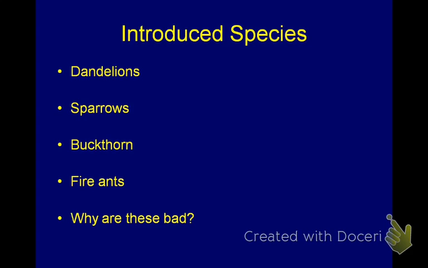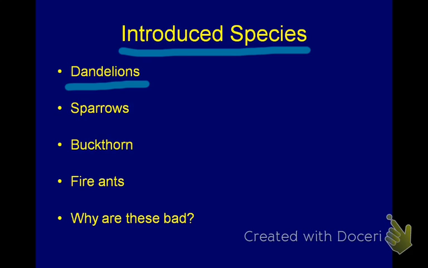Introduced species, we can think of plenty of examples where introduced species can disrupt a food web because they don't have any natural predators. Dandelions were brought over from Europe as a food source, and now we see them everywhere because, first of all, one little root part, if you don't pull it out, can regenerate an entire plant. There's an adaptive advantage there.